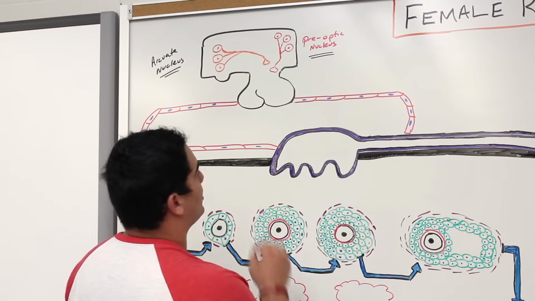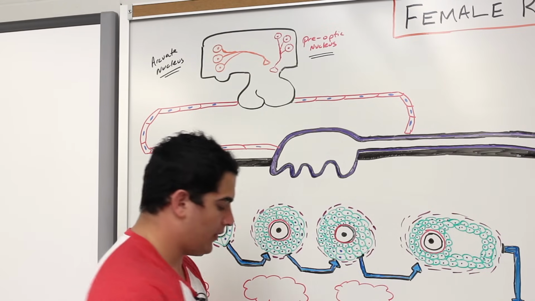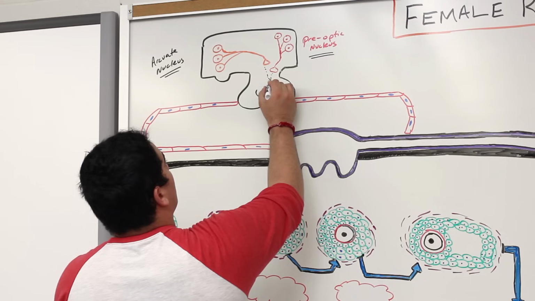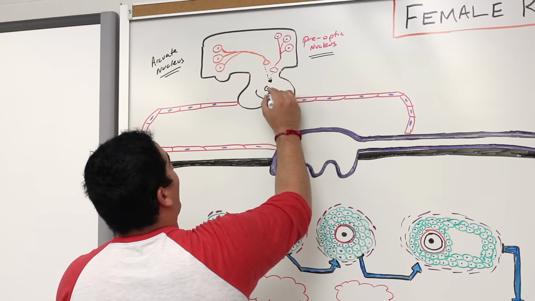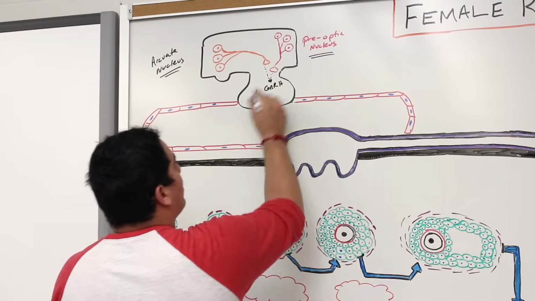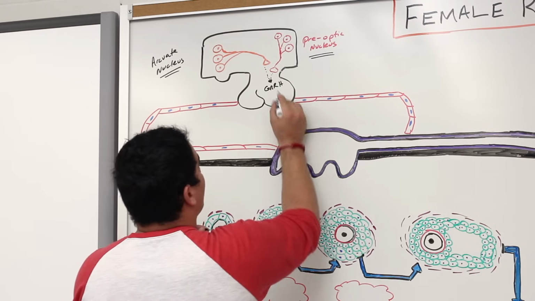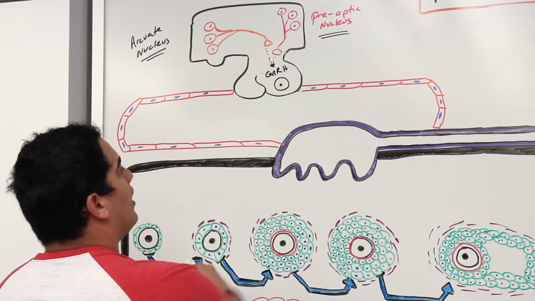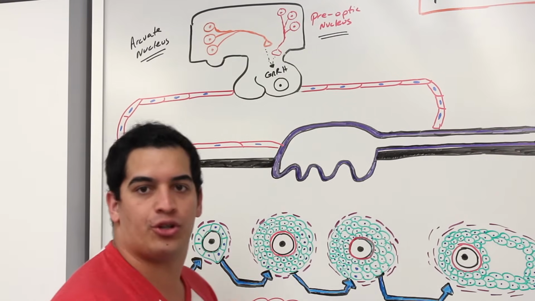What these nuclei are doing is secreting a very important hormone called gonadotropin releasing hormone. Gonadotropin releasing hormone comes down into the anterior pituitary, where there are cells called gonadotropes.